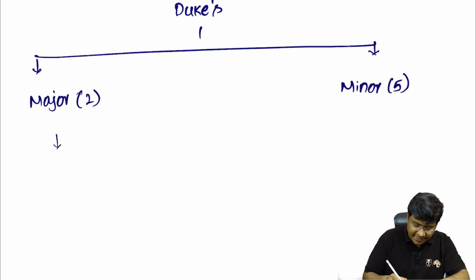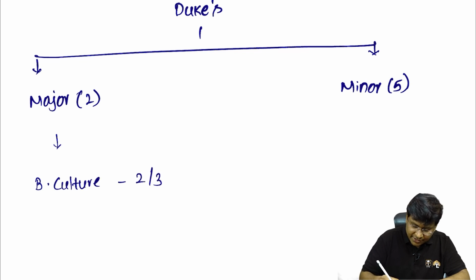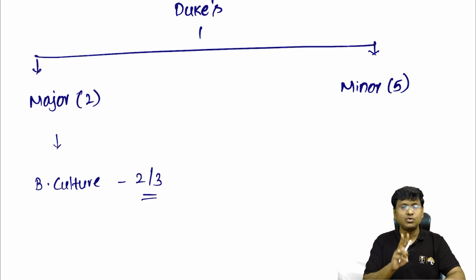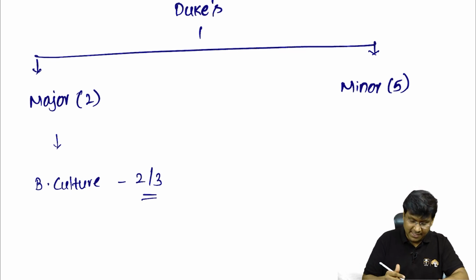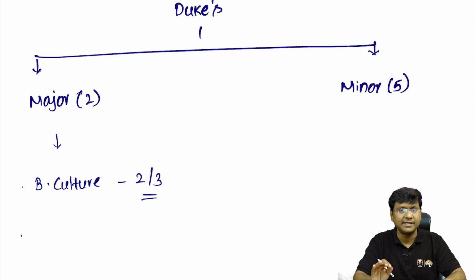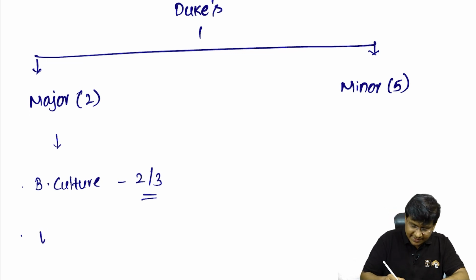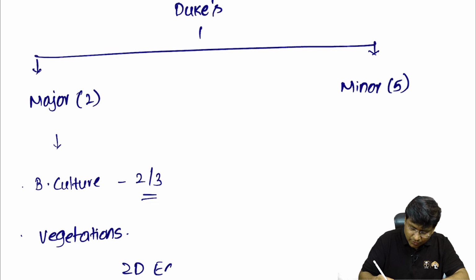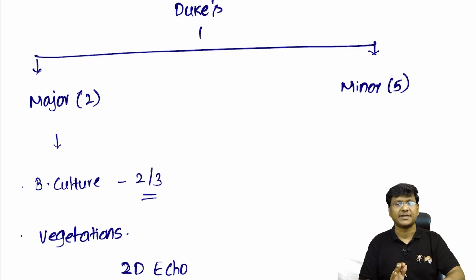The major criteria are first the blood culture, so at least 2 cultures out of 3 should be positive. And the second important major criterion is the presence of vegetations. There should be presence of large vegetations, and that will be made out by doing a 2D echo. So these are the 2 important major criteria.